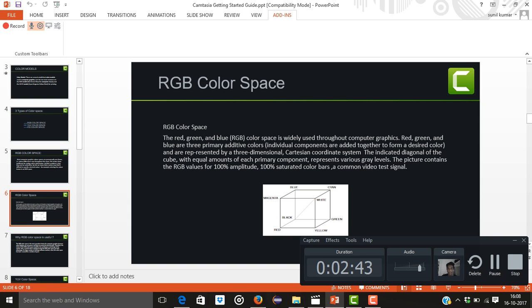The red, green and blue color space is widely used throughout computer graphics. Red, green and blue are the three primary additive colors, combined to form a desired color and represented by a three-dimensional Cartesian coordinate system. The diagonal of the cube, with equal amounts of each primary component, represents various gray colors. The picture contains RGB values for 100% amplitude and 100% saturated color bars, a common video test signal.